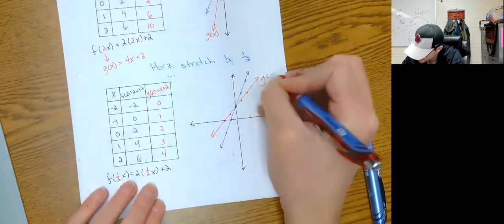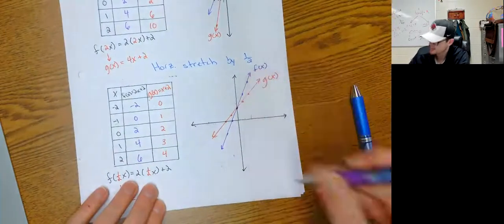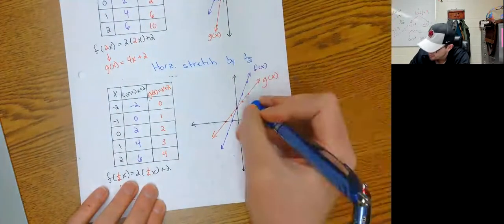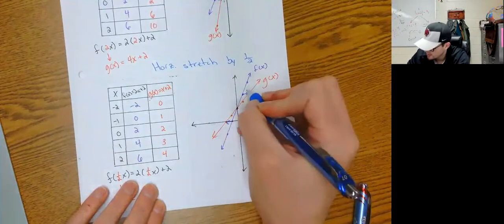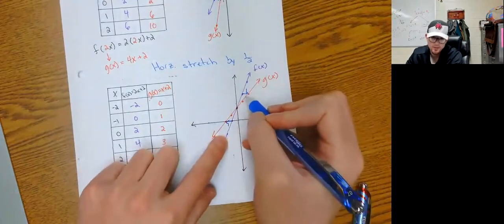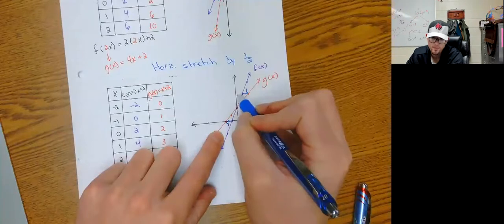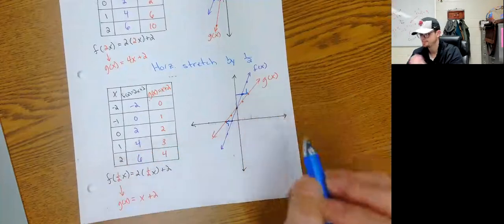So we got g of x, and we got f of x. So we stretched it, so we pulled it away from the y-axis. And what do you know? We pulled it 1 unit, and we doubled the distance now. It was 1 unit away, but we pulled it another unit, so now it's 2 units.